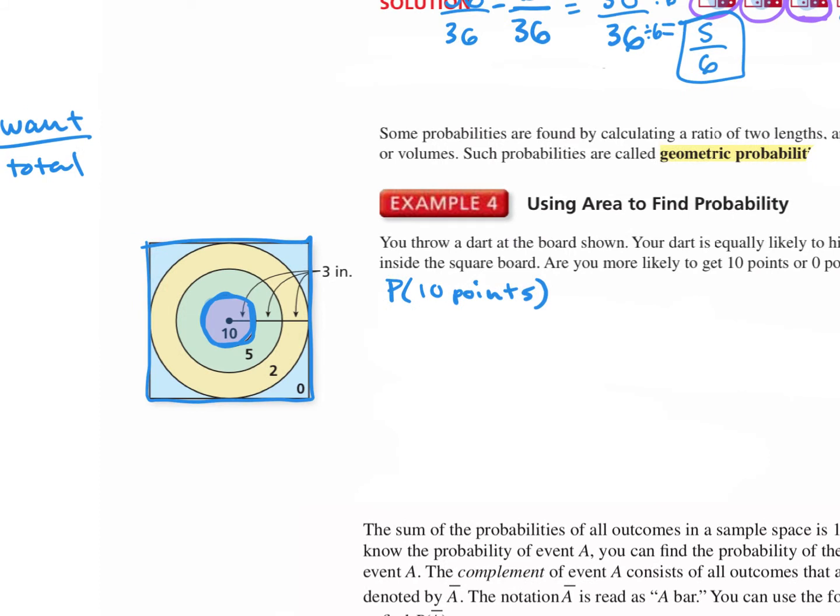So let's see. What is the radius of our 10-point circle? 3. How do we find the area of the circle? Pi r squared.